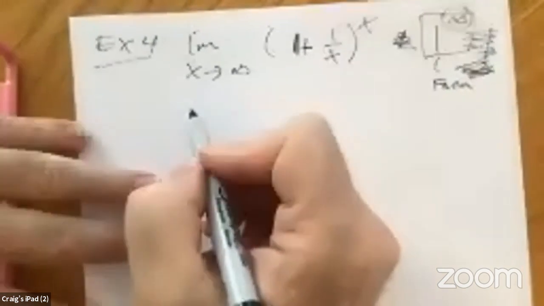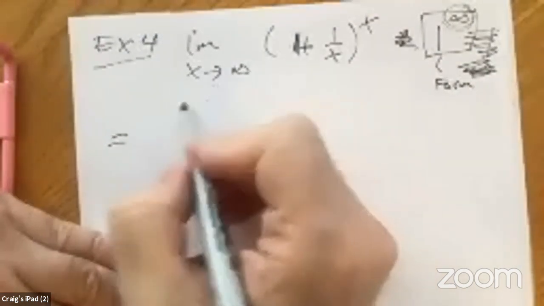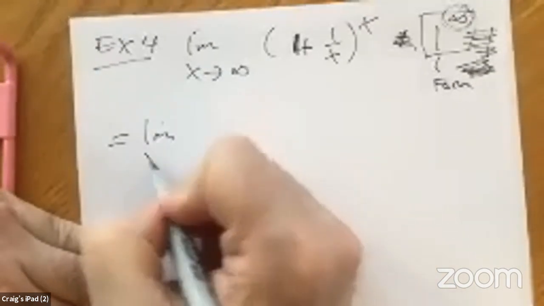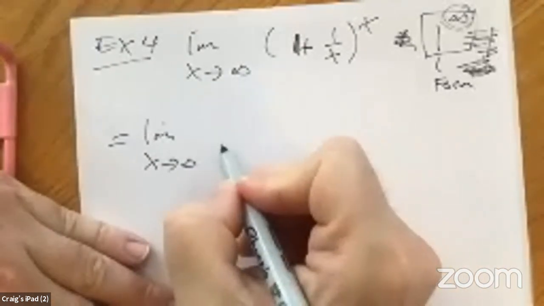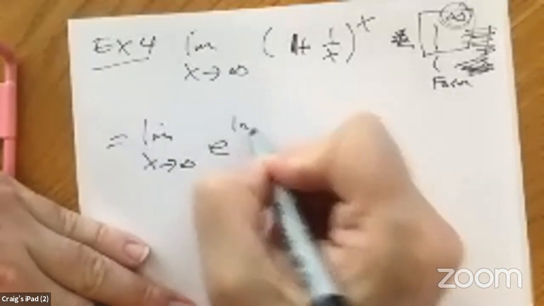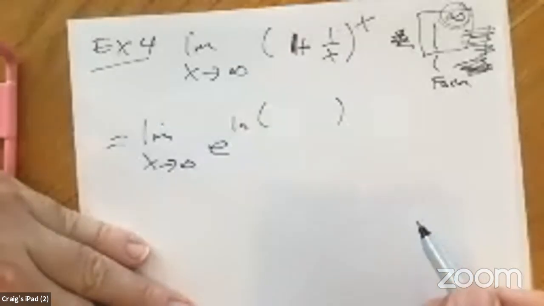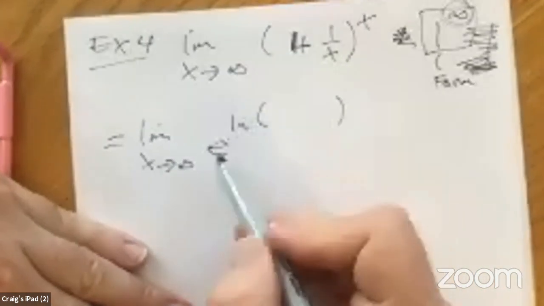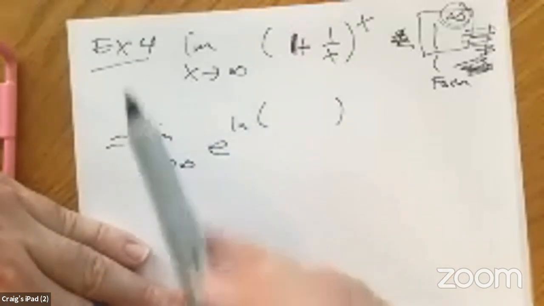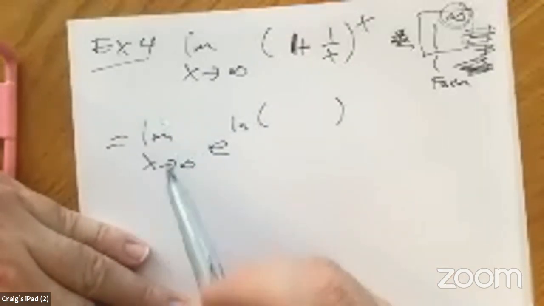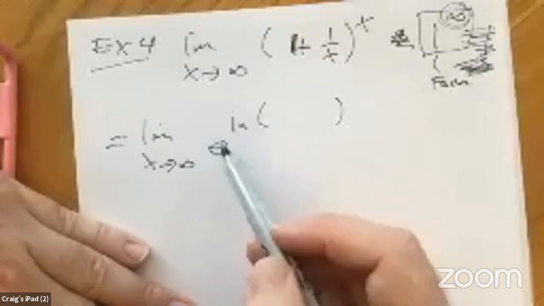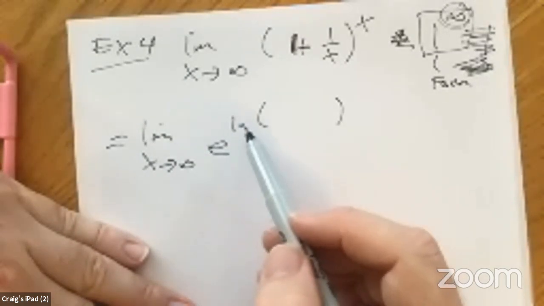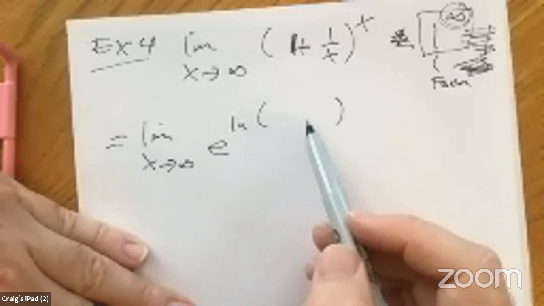And so what I want to do is take the limit as x goes to infinity of e to the natural log of this whole thing. E to the natural log is like it isn't even there. It's like adding a 5 to the top and bottom of a fraction. I can always take a function and its inverse, and I haven't changed anything.